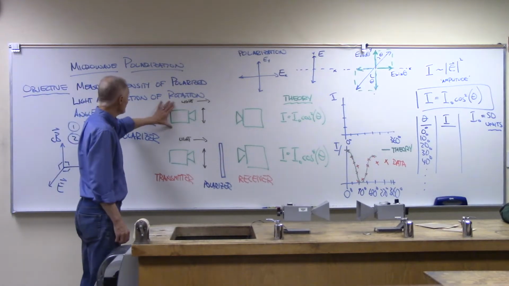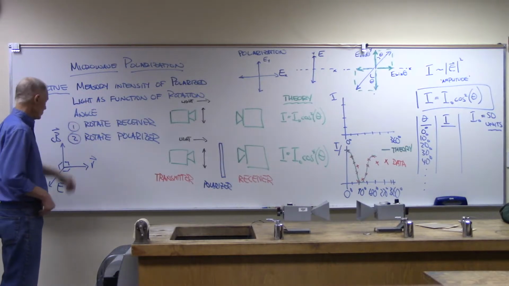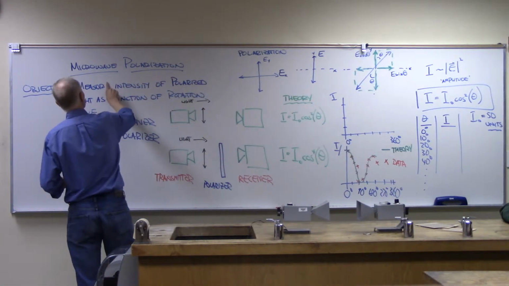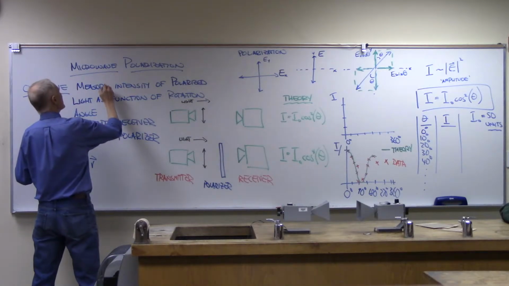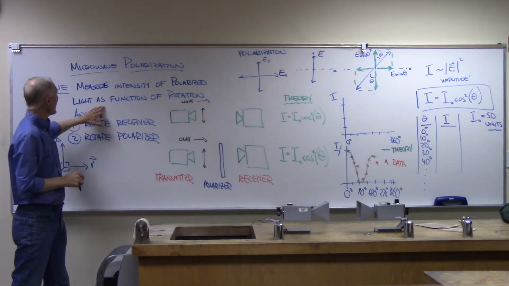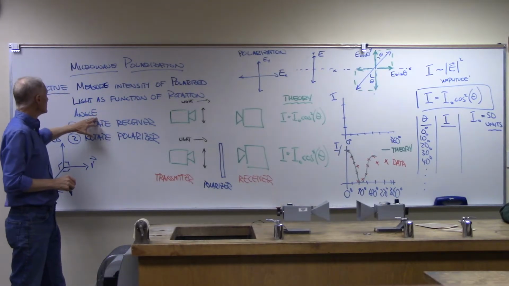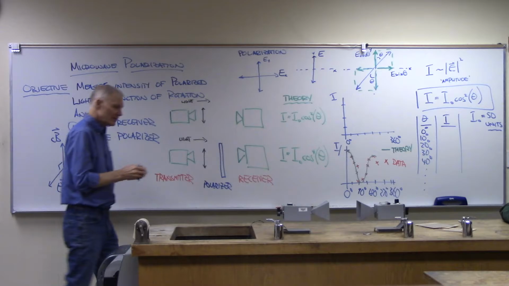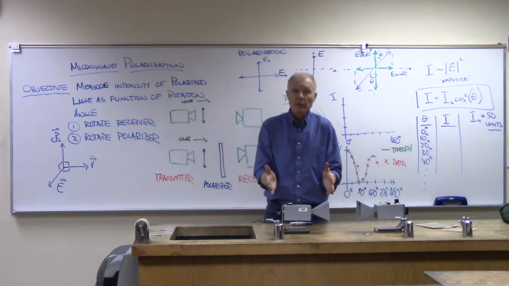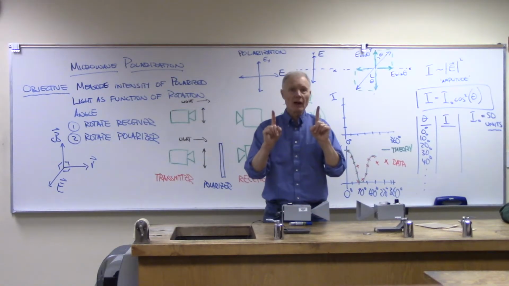Now, let's see. So here's the transmitter. We're going to do two different types of setups. It says here, measure the intensity of polarized light as a function of some kind of a rotation angle. So the idea is this. The transmitter is set up so that it's only generating vertically polarized light.